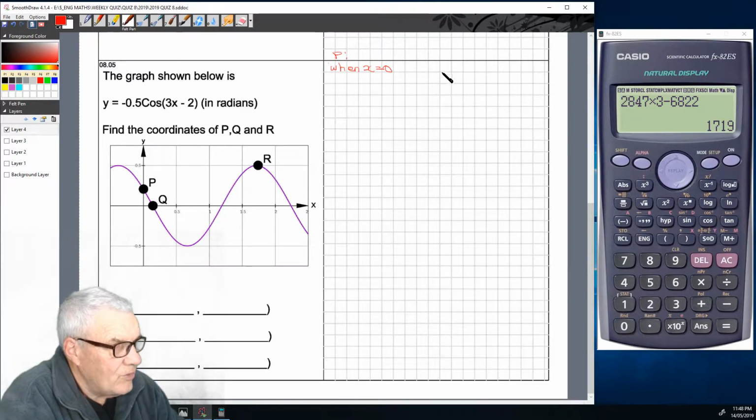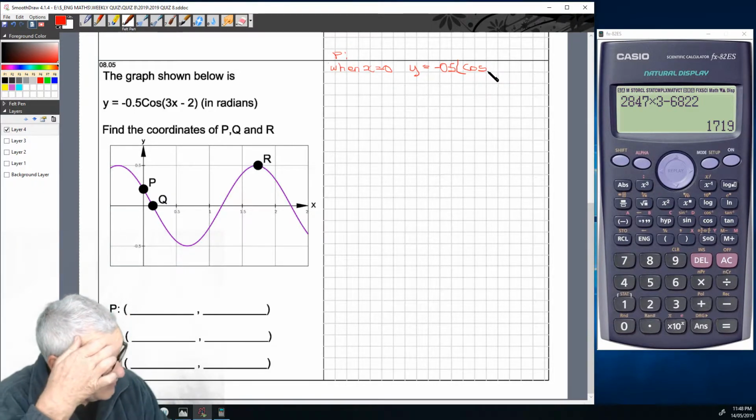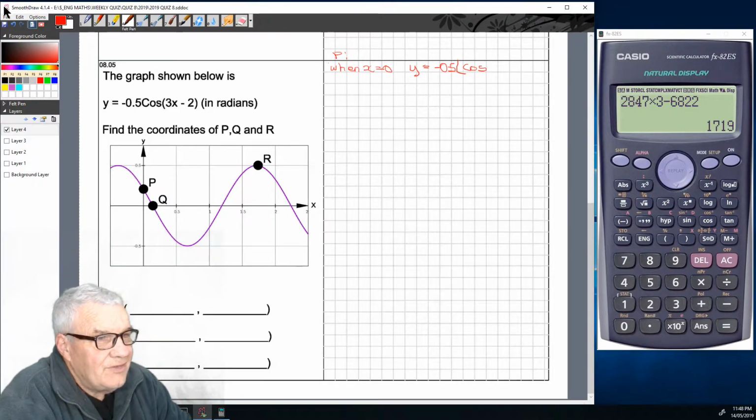So when x equals 0, y equals minus 0.5 cosine. I've put a bracket there. Probably don't need that. I'll just take that out.